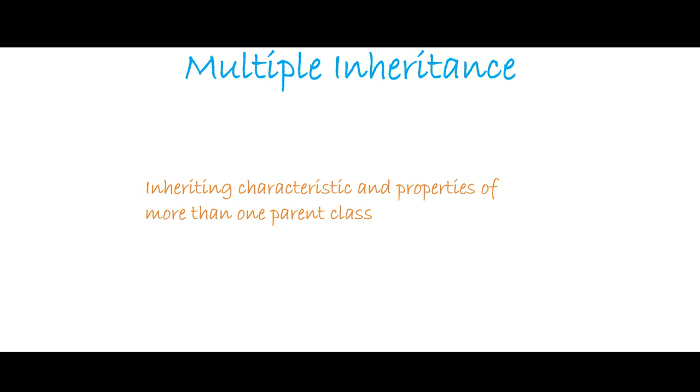Multiple inheritance. What is it? Creating a subclass which is inheriting properties from more than one base class is called multiple inheritance. So inheriting everything from more than one base class is multiple inheritance. And how do we do it? Let's take an example.